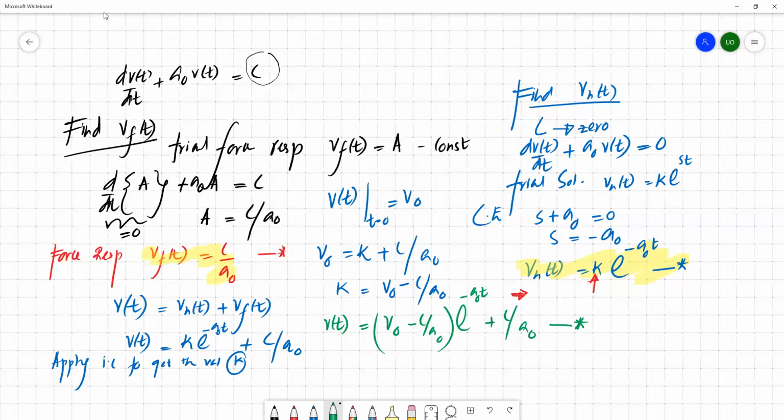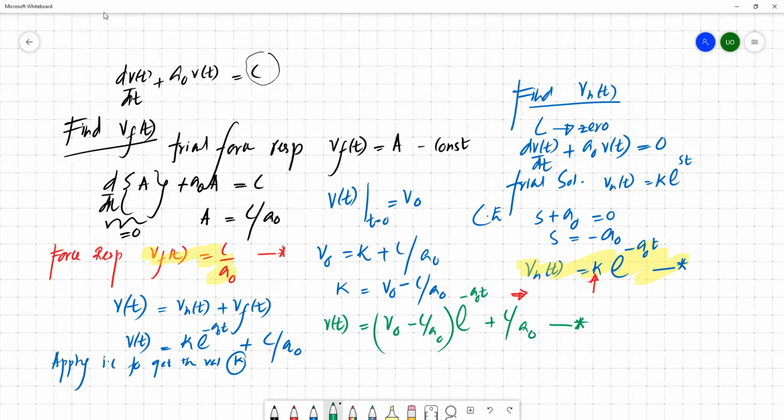One is the natural response, which is the contribution of the initial conditions of the capacitors and inductors, and the other is the forced response coming from the external sources we plug into the circuit. If your right hand side is a constant, you can propose a trial forced response as a constant again, which is different from the constant in the differential equation.